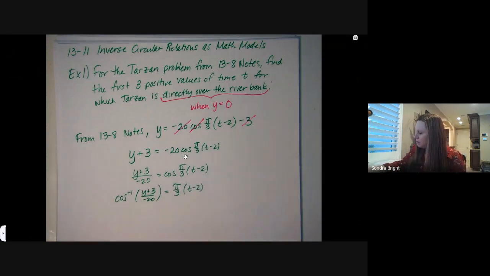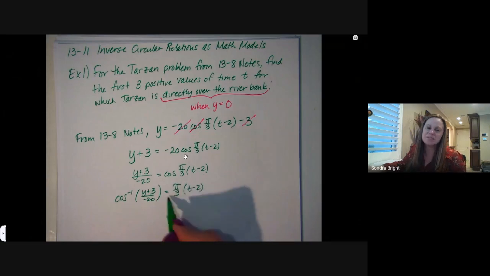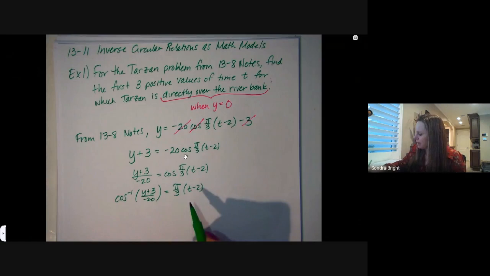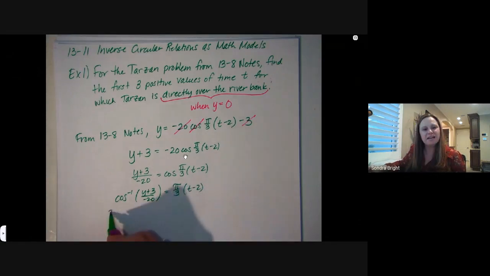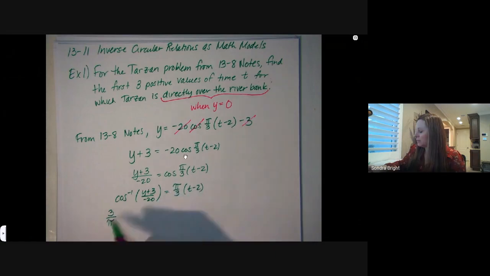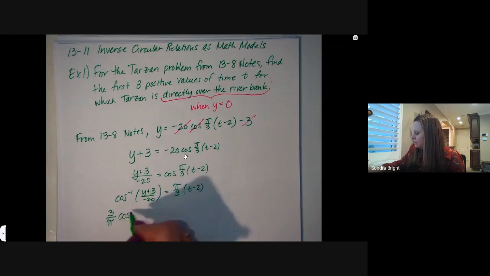And then we need to divide by pi over 3, but it's a fraction, so instead I'm going to multiply by the reciprocal, 3 divided by pi. There's not a 2 pi this time, so I don't need to put parentheses around the pi. It's just a single value, so your calculator won't give you an issue.